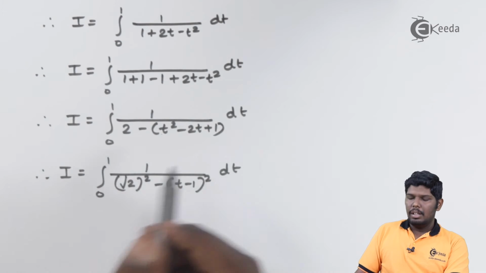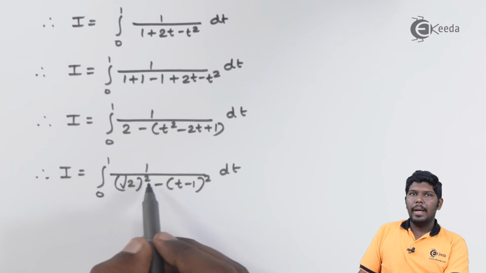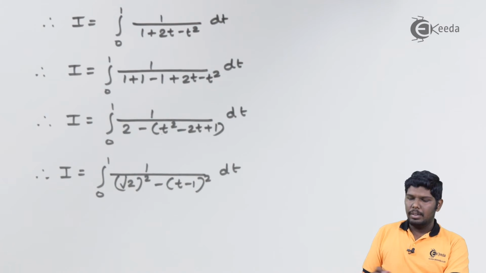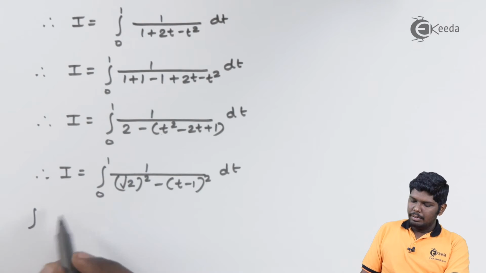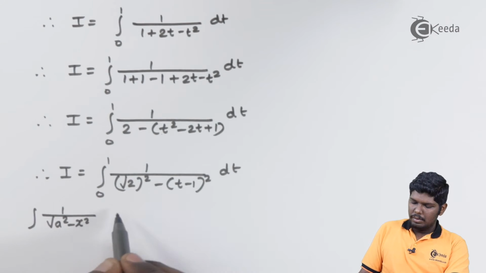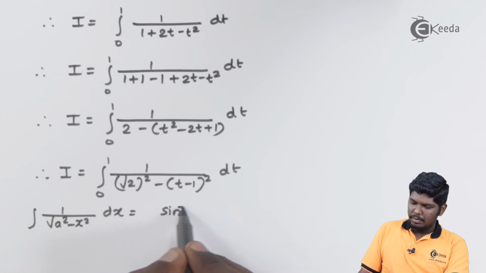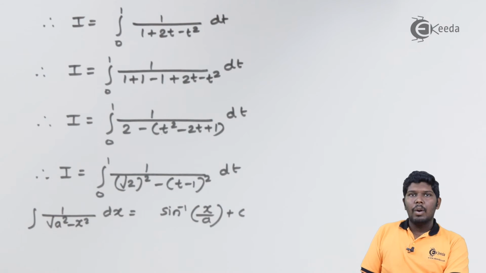To find the integral of this expression, we can compare this integral with the standard form of integral, 1 upon under root a square minus x square, which will give you sin inverse x by a plus c. The value of a will be root 2 and the value of x will be t minus 1.